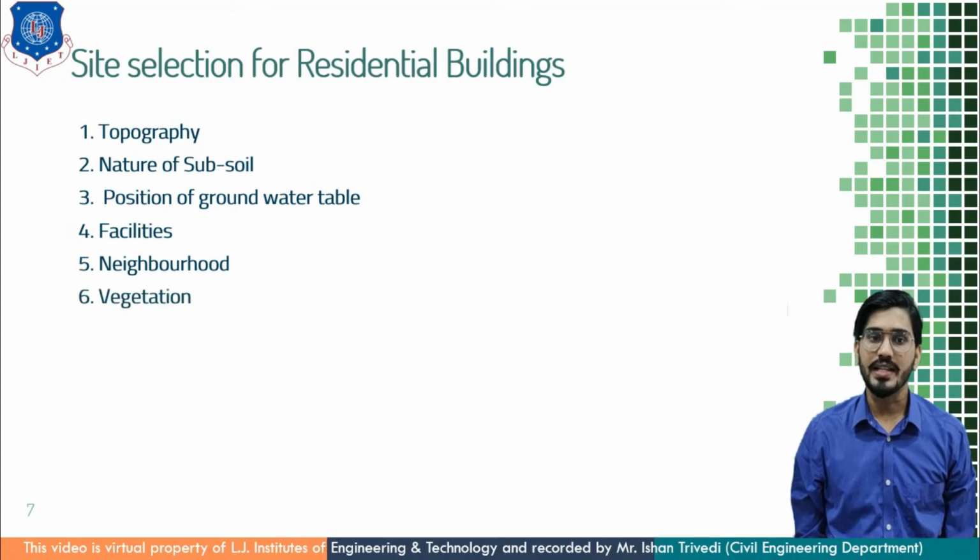Next is vegetation. A site having trees, shrubs and bushes over it is to be preferred to a bare and barren site. Trees with fruits and flowers give a pleasing atmosphere.